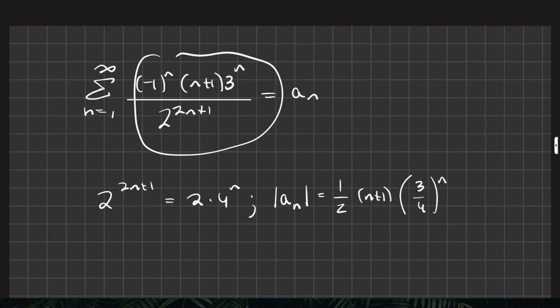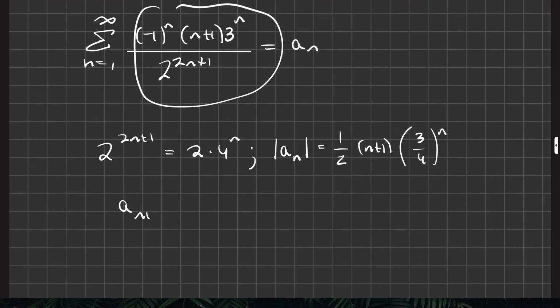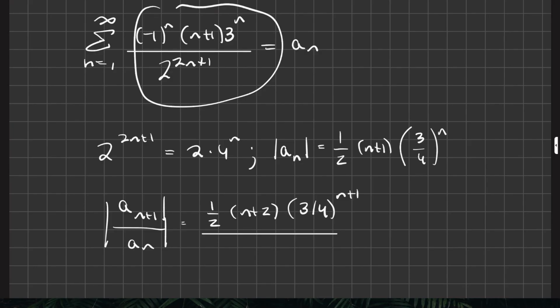Okay, now that we have this, we'll set up a ratio test. A sub n plus 1 over a sub n. So this will be 1/2 n plus 2, because we're adding 1, times 3/4 to the n plus 1 power, all over 1/2 times n plus 1 times 3/4 to the n power.